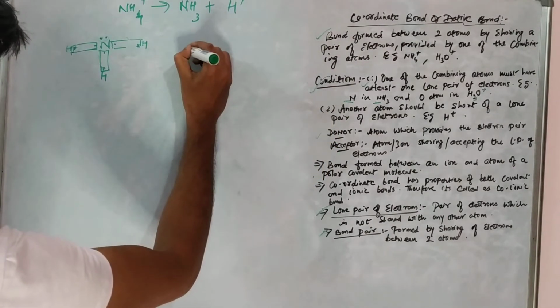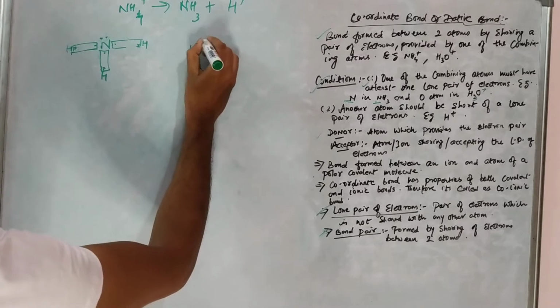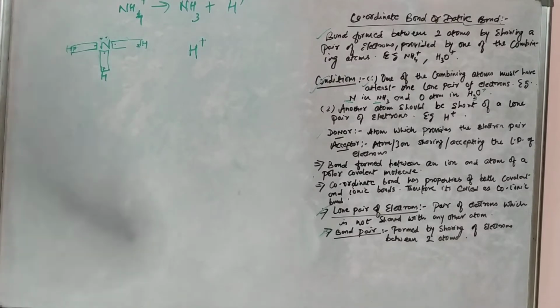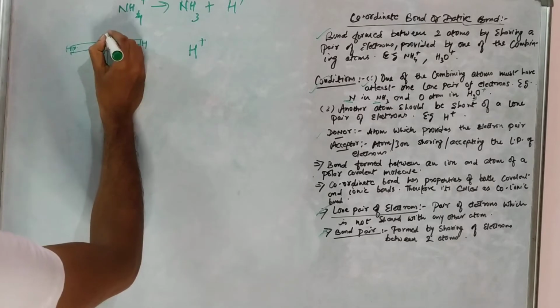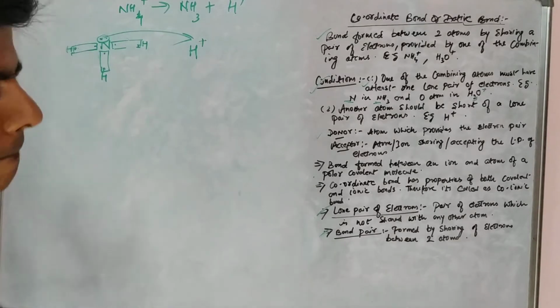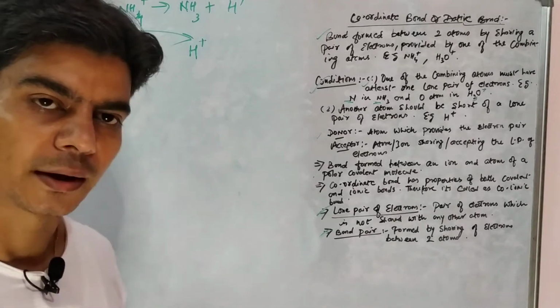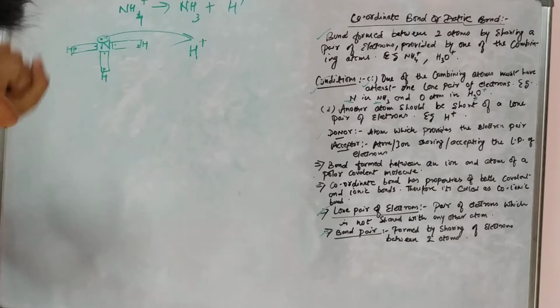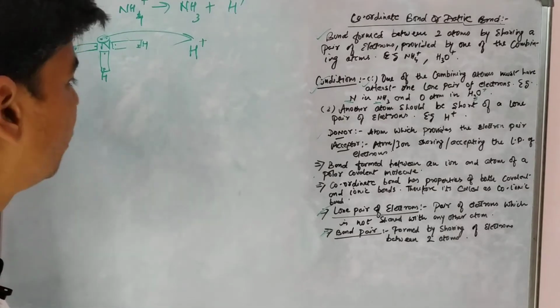So if we take the formation of the ammonium ion, this proton will combine with the ammonia molecule. When the proton combines with the ammonia molecule, this lone pair of electrons would be transferred to the hydrogen ion, and this is the shared pair of electrons in the coordinate bond formation.